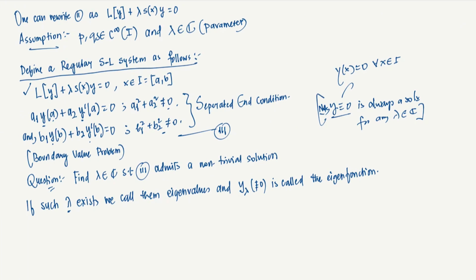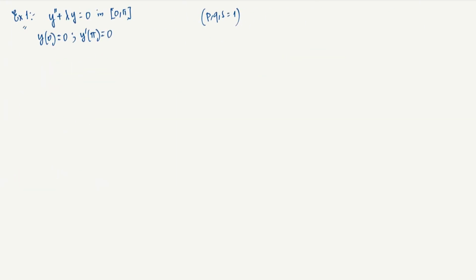If you check with this condition, here a is 0, b is pi, a1 is 1, a2 is 0, b1 is 0 and b2 is 1, right? And then we will get this condition. Please check whether this is a regular Sturm-Liouville problem or not. Of course it is, which is quite evident. So let's call this the fourth problem.